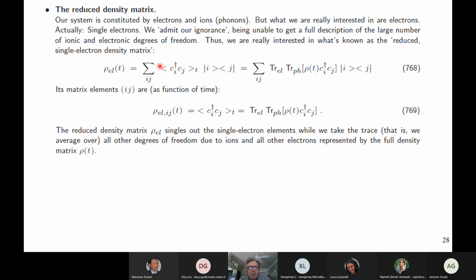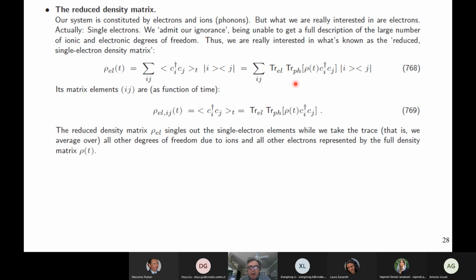So I define this object now, and this bracket over here implies also a trace over the phonon state. So I take the trace over the electrons, which is what I usually do here. And the trace over phonons, I take the full density matrix, the full one, I multiply by the electronic component only, and then I multiply by this object over here.